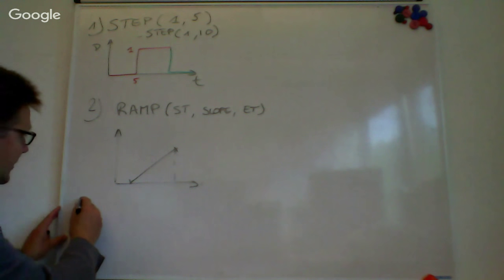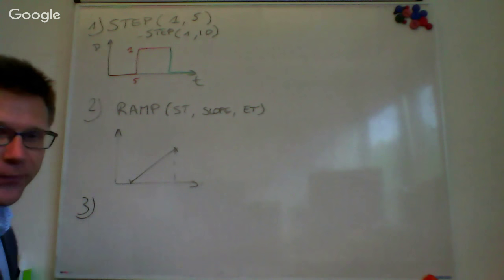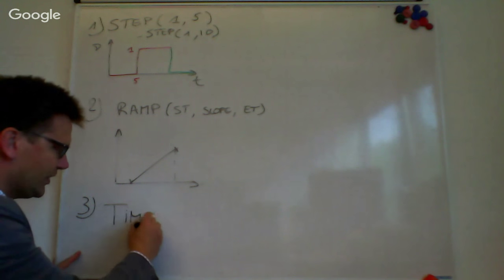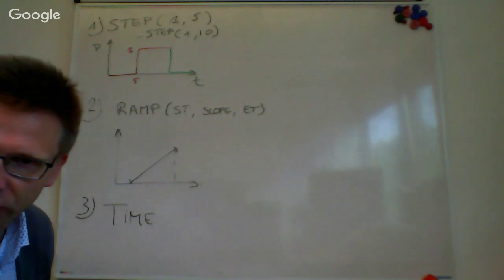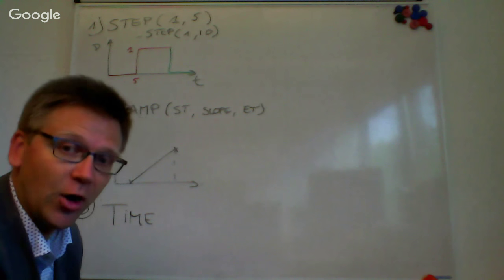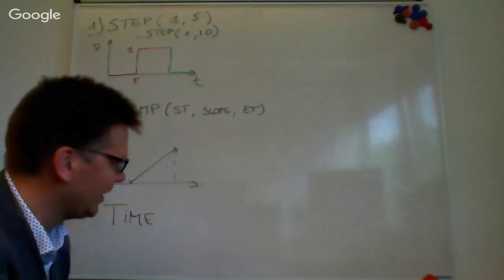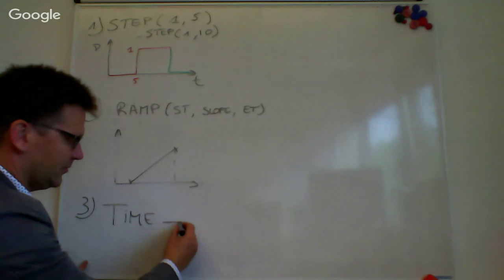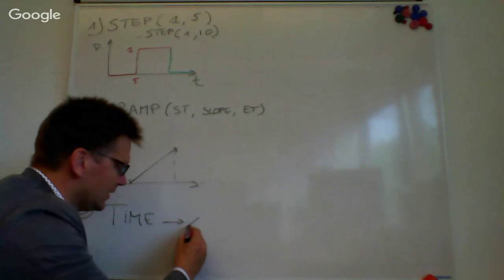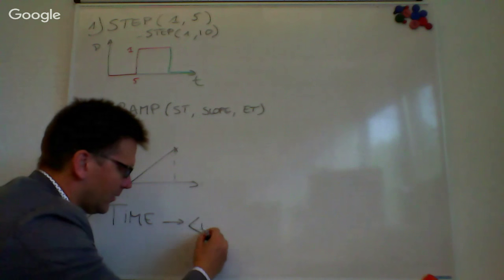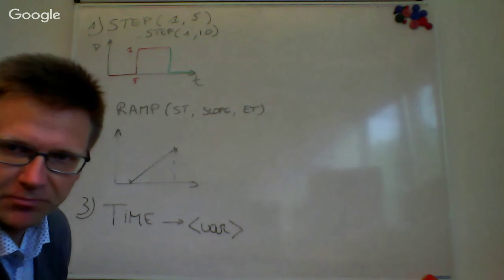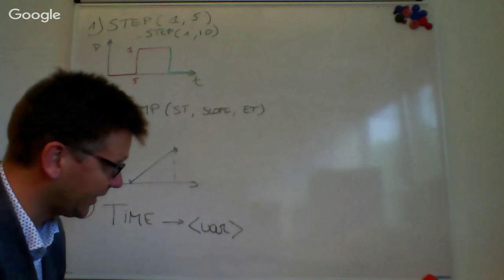So that's the second function that is very useful. The third function that is very useful is actually a built-in function, and that's time. Time is pre-specified in these models because these models are all about simulating things over time. The way in which you can use time is by calling it as a shadow variable, with the button with these weird brackets.